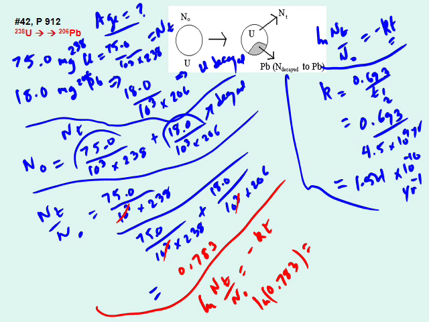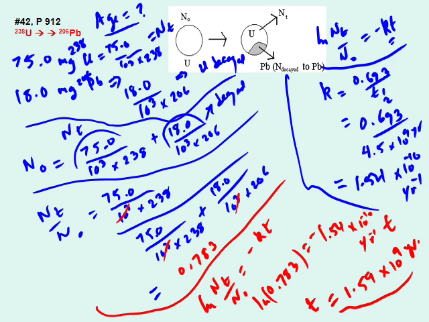Minus k, which is minus 1.54 times 10 to the negative 10 per year. That's the unit. And t is something that you need to calculate. So once you calculate that by using your calculator, you're going to get 1.59 times 10 to the power 9 year. So that's the answer to this question.